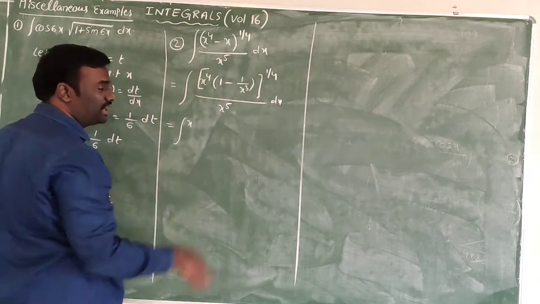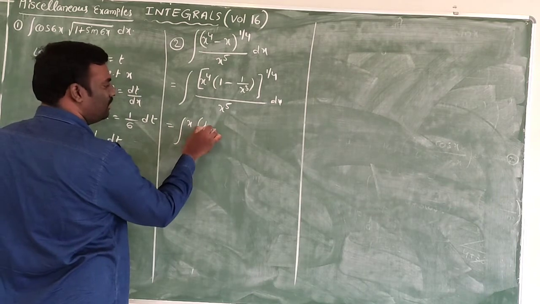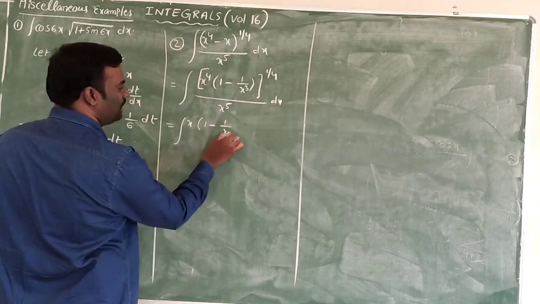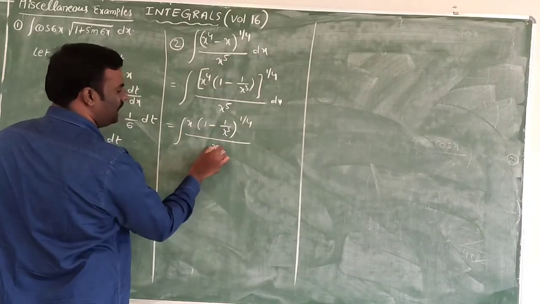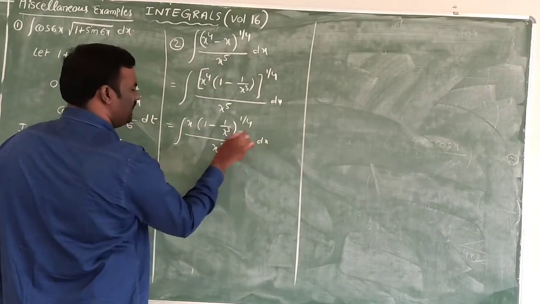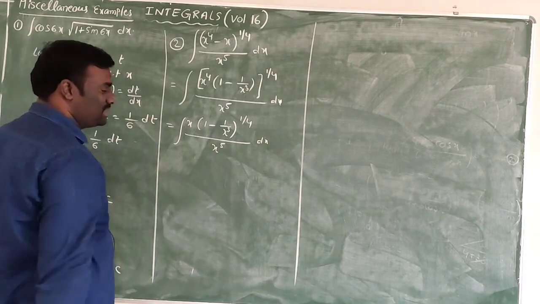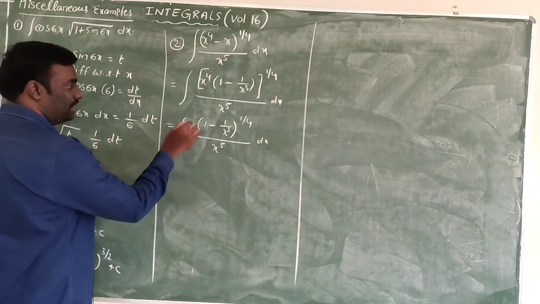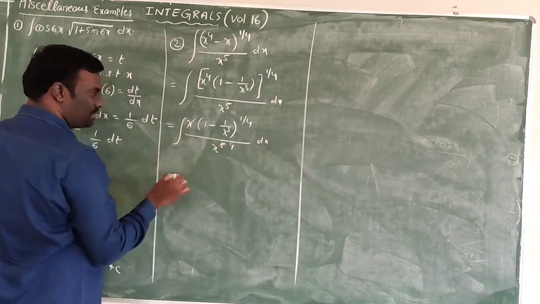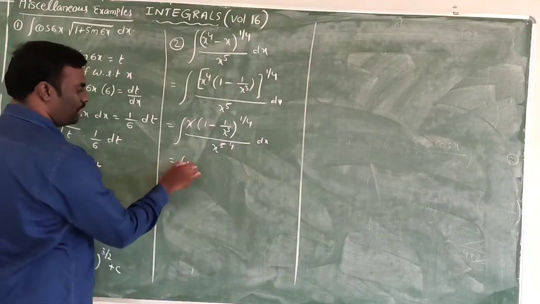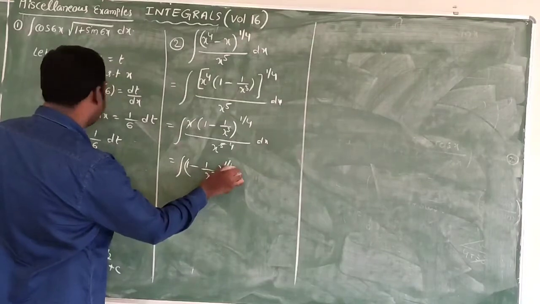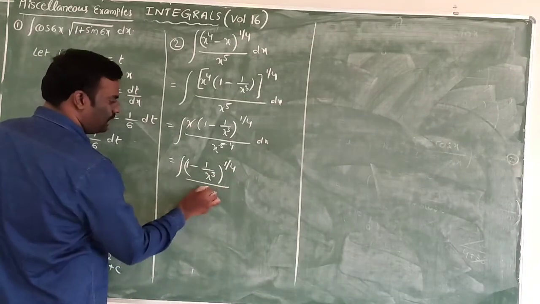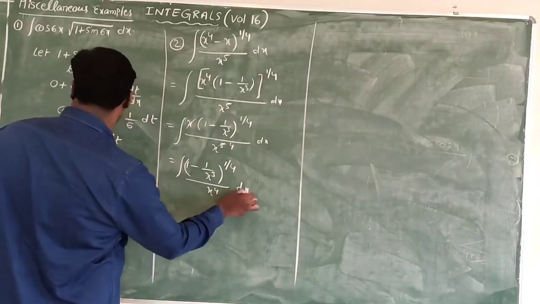Then what is remaining? (1 minus 1 by x cube) whole power 1 by 4 by x power 5 dx. Here x 1 time is there, here x 5 times is there, cancel, 4 times remaining. Then (1 minus 1 by x cube) whole power 1 by 4 by x power 4 dx.